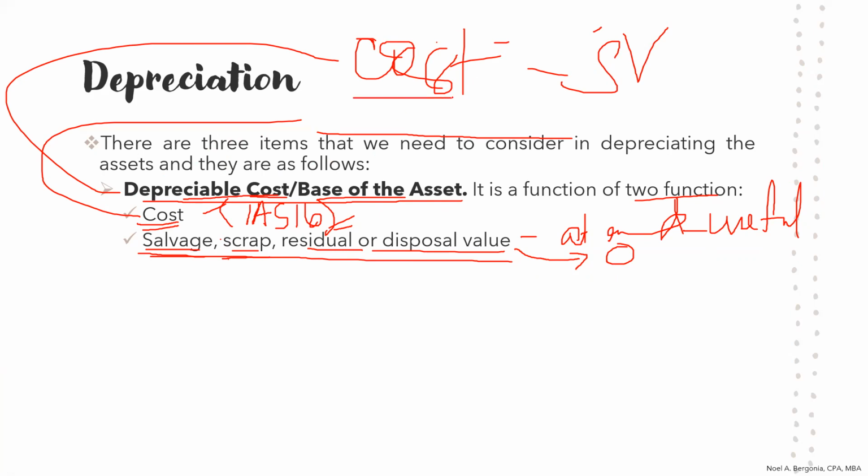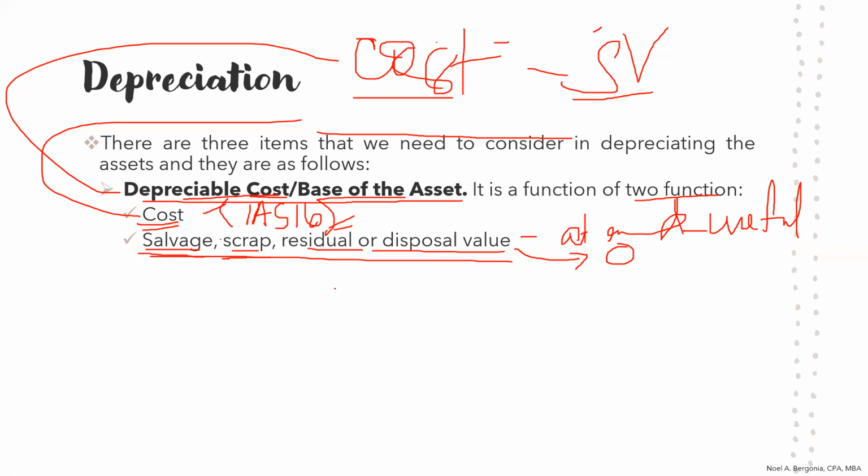So that's the cost less the scrap value, salvage value, residual value, or the disposal value. I hope that that is clear. So that's the first element that we need for our depreciation, your depreciable costs. Again, if you do have questions, just please let me know on our respective chat boxes.